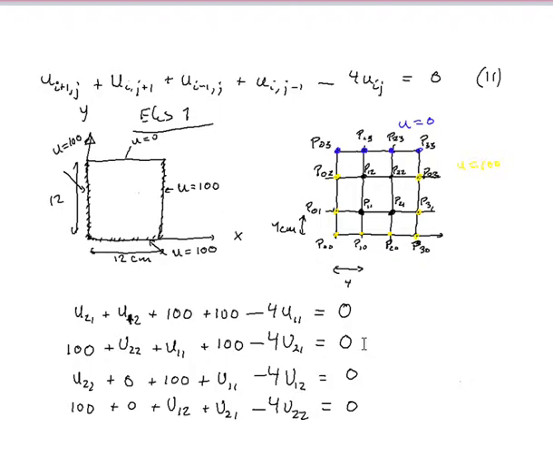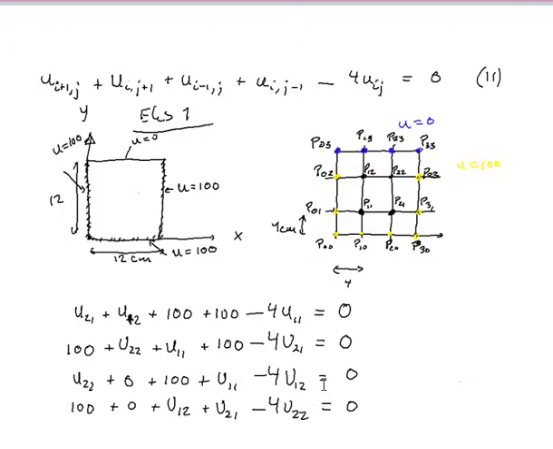In the same manner we can write out the equations for each of these 4 interior points. Here we have done this. We showed you how to do it for the first 2 points, and doing the same for the next 2 points, we get these 2 equations.